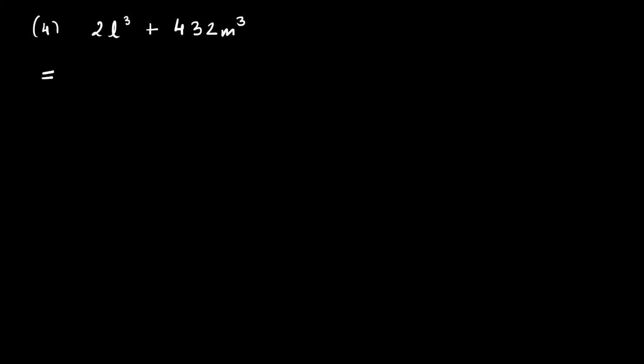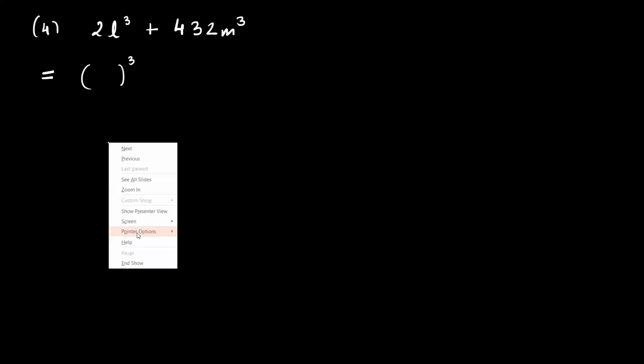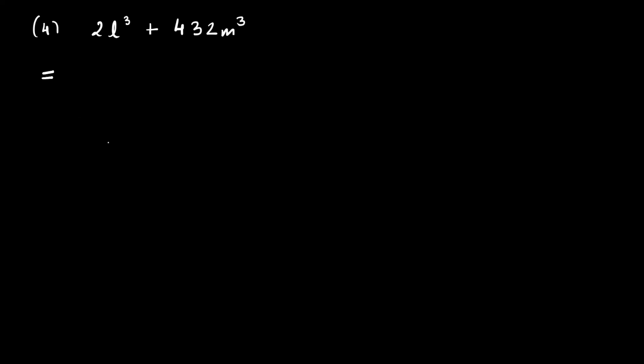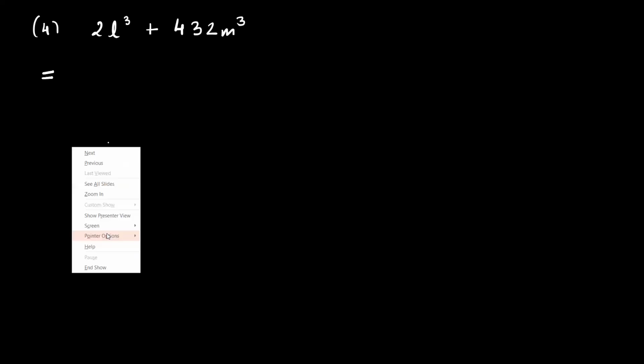A cube plus B cube. Correct. But the problem is that I want to make it a whole cube. But 2 is not a perfect cube. So now we have to understand what to do.